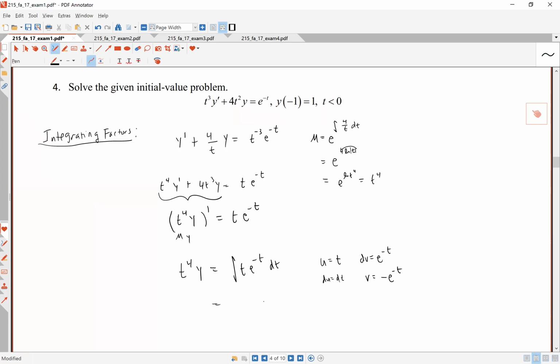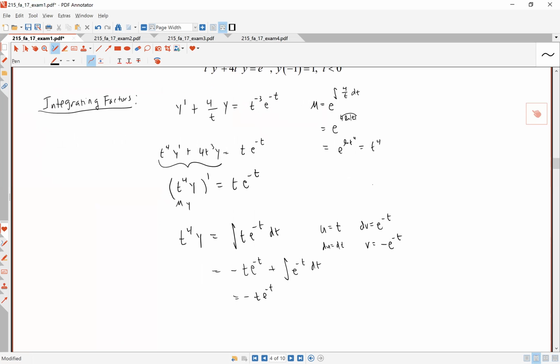So this is negative t e to the negative t minus the integral of v du. It's a plus e to the negative t dt. Integrating e to the negative t is a minus e to the negative t. This is where we will add a constant.